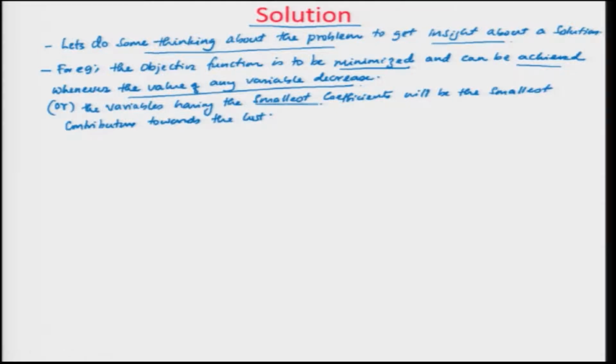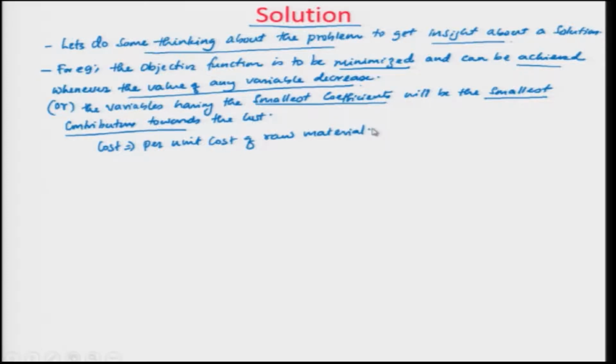So the variable that has the smallest coefficient will also be the smallest contributor to the cost. And the cost implies per unit cost of raw material.